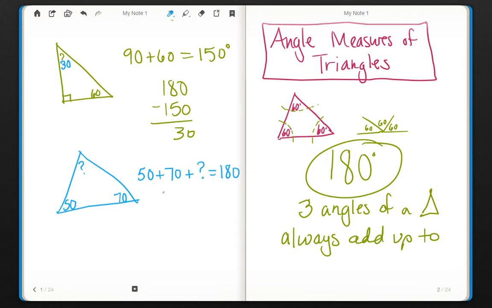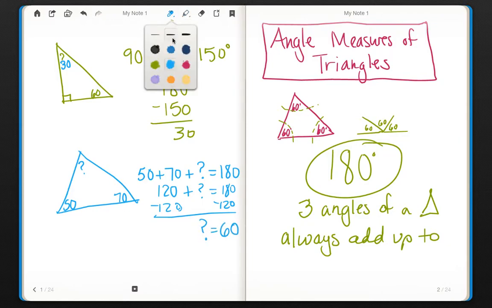So let's add the 2 that we know, and that adds up to 120. Subtract both sides by 120. See, our equations are helping us. So then the question mark is equal to 60. So that missing angle is 60 degrees.